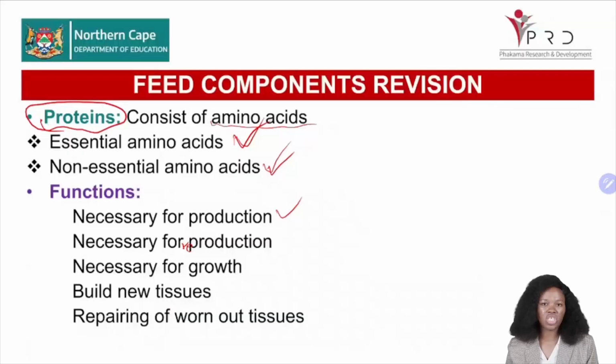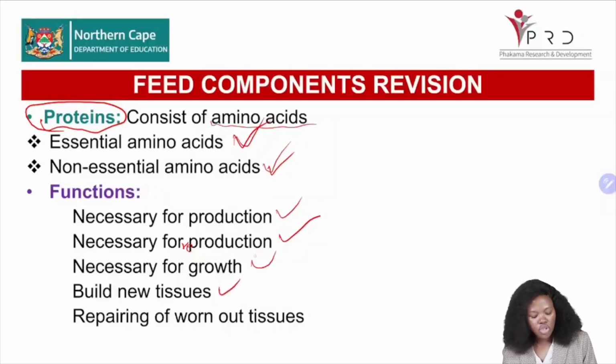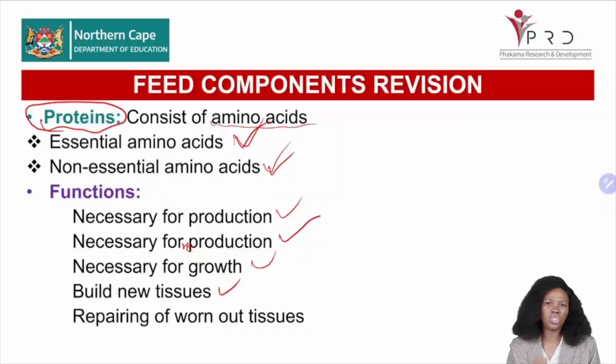Necessary for reproduction. Animals that are pregnant or want to be pregnant need more protein because protein is necessary for reproduction. And it is also necessary for growth. Animals that are still growing need more protein and sufficient fats and carbohydrates. Also necessary for building new tissues, especially in young animals.